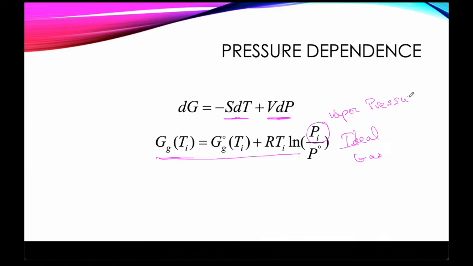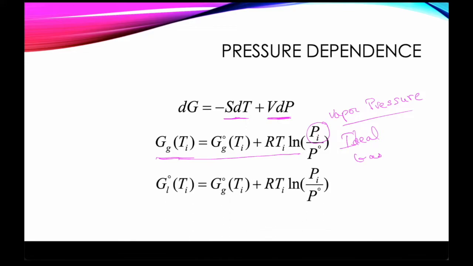And I won't go through the derivation of this, as we did this in a previous video. So this is assuming an ideal gas. This would be our relationship that would give us the Gibbs energy of the vapor at our initial temperature at the initial vapor pressure.